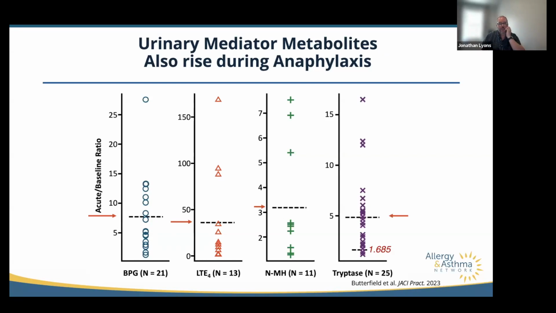And while you can see, these are all patients who had physician-diagnosed anaphylaxis. You can see that on average they go up. In some folks, they don't rise super substantially. And if you look on the far right, the tryptase level increase shown in the dashed line, that's the median level, is far above what we established as the upper limit of difference, 1.685. That'll explain where that number comes from in a second.